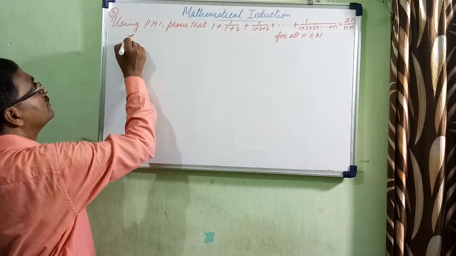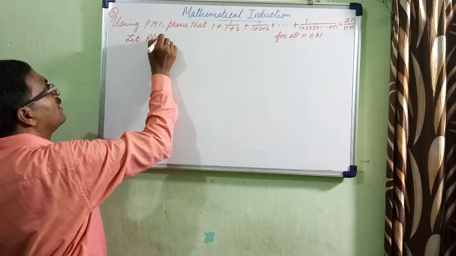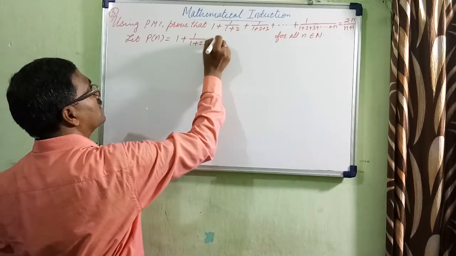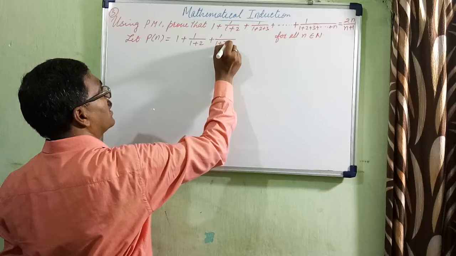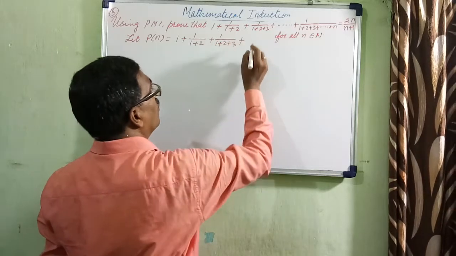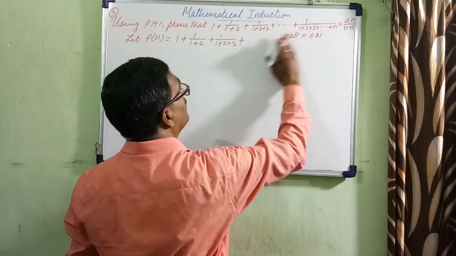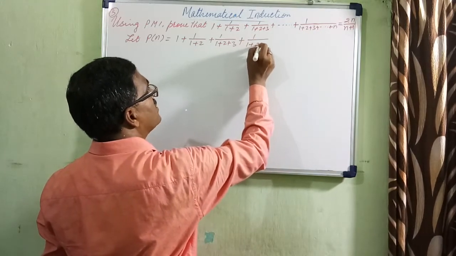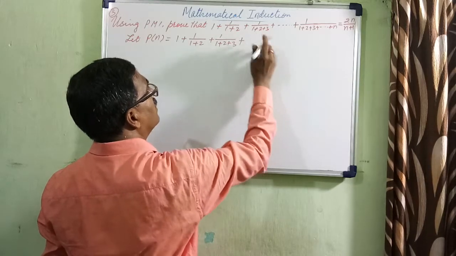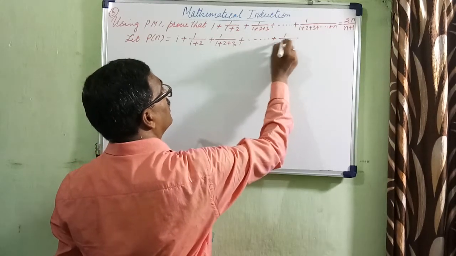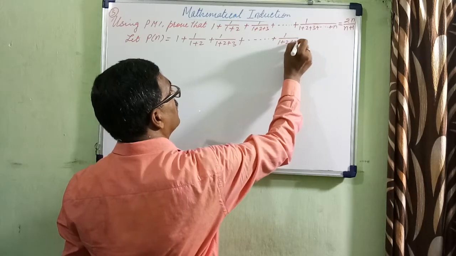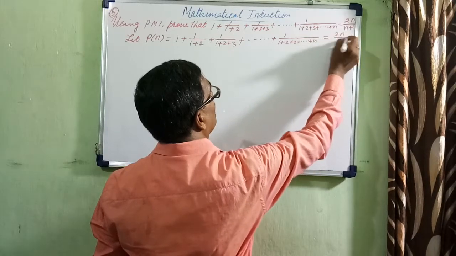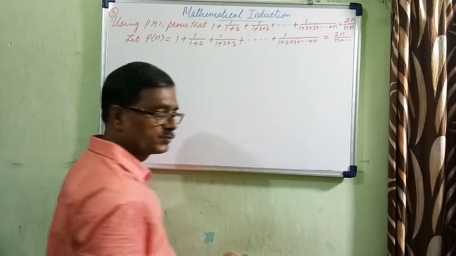Let Pn is equal to 1 plus 1 by 1 plus 2 plus 1 by 1 plus 2 plus 3 plus dot dot dot plus 1 by 1 plus 2 plus 3 dot dot dot plus n is equal to 2n by n plus 1.